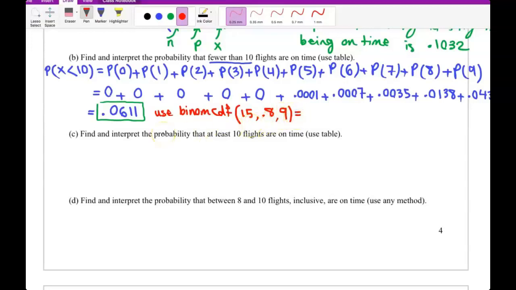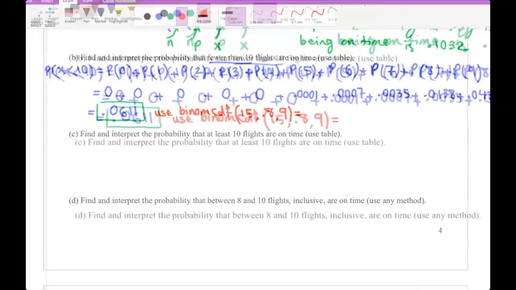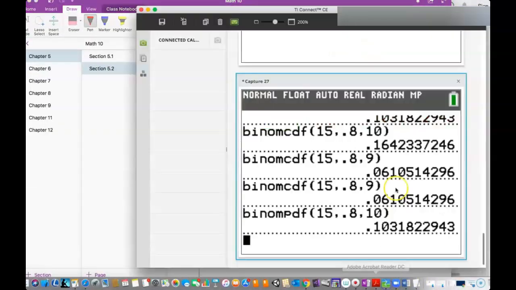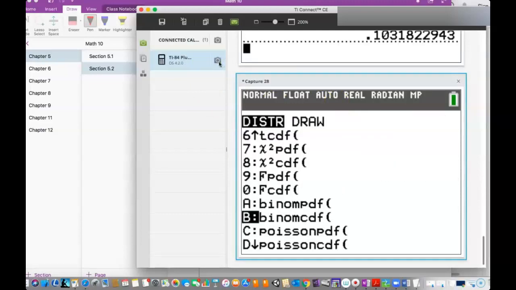Okay, let me show you the steps. So first, again, press second, words, scroll down to find binomial CDF, then enter.